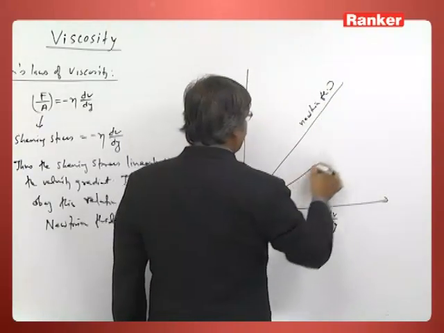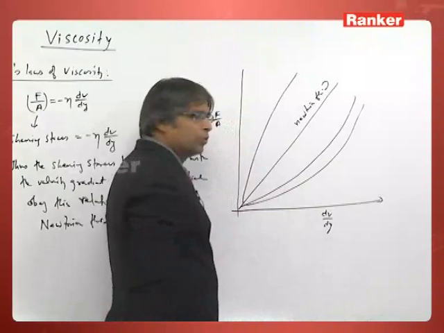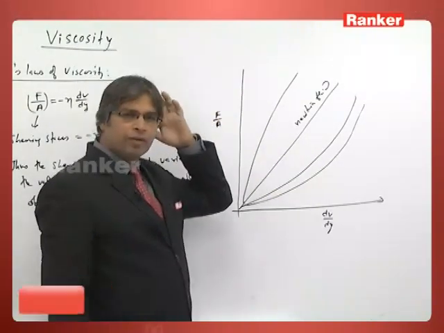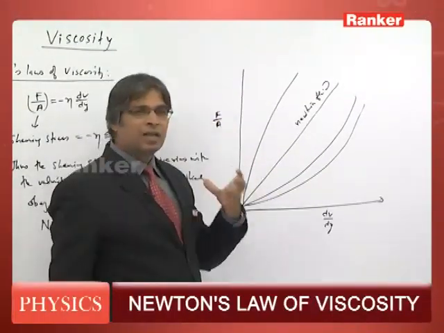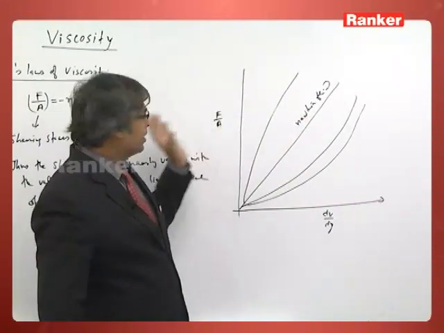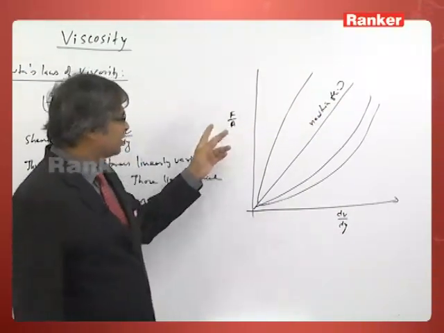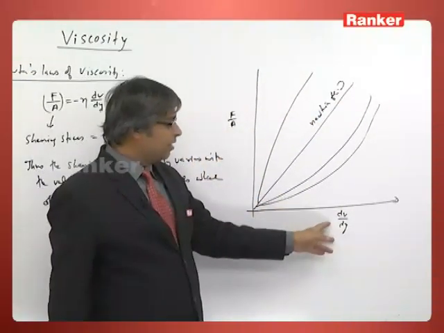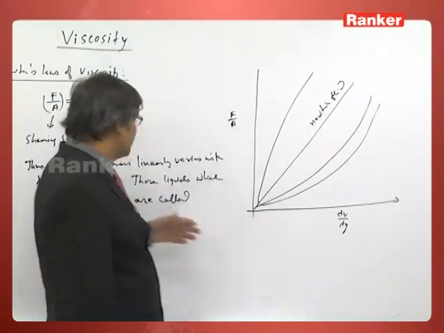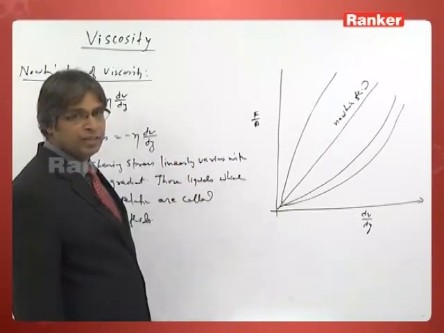Those that deviate from this graph like this are non-Newtonian fluids. Example, tar, coal tar. Tar does not obey the Newtonian fluid relation. So, those which obey this linear relationship between the stress and the velocity gradient are called Newtonian liquids, otherwise they are non-Newtonian liquids.